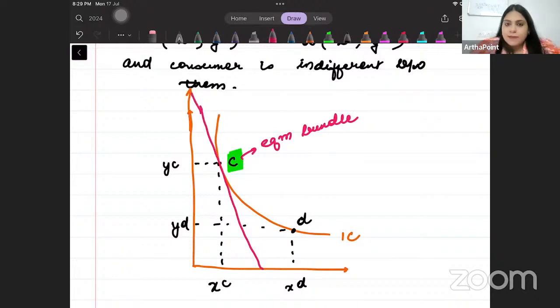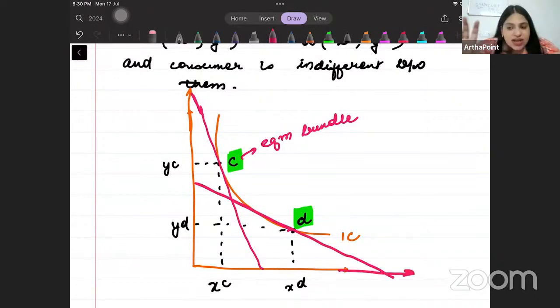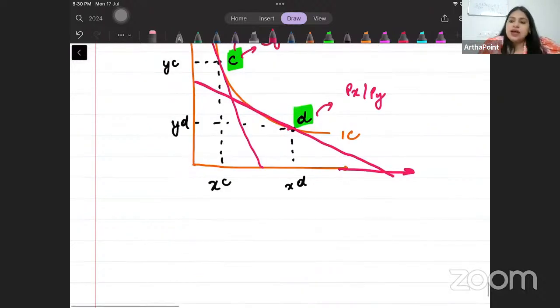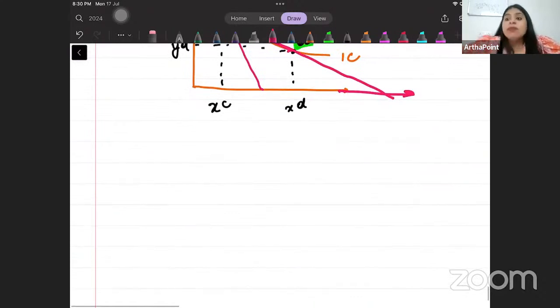Let's make this as the budget line. If D is the equilibrium bundle, suppose, तो tangency will be like this. ऐसा कुछ होगा, right? The budget line will be different. So if C has to be equilibrium bundle, अलग price ratio चल रहा होगा. अगर D equilibrium bundle होगा, अलग price ratio होगा, क्योंकि budget lines have to be tangent. There are two different budget lines, right? So this implies that there are different prices at which the bundle can be the optimal bundle.